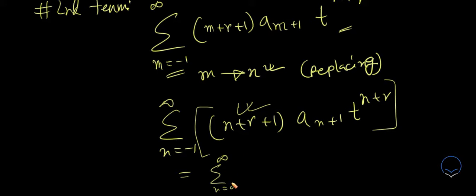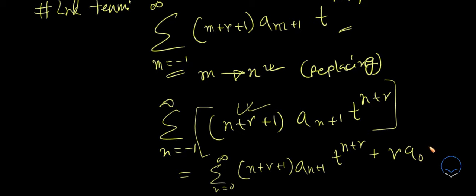So if you are doing that, you will have this inactive sum. These are called inactive sums because we are not summing it and getting the result. So this inactive sum will be n plus r plus 1 a of n plus 1 t to the power n plus r, plus when n is equal to minus 1, this is just r a of 0 t to the power r minus 1, something like this, right?